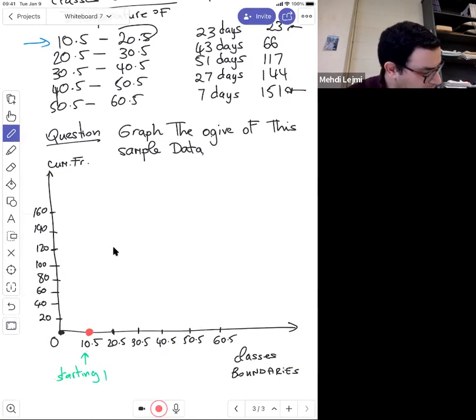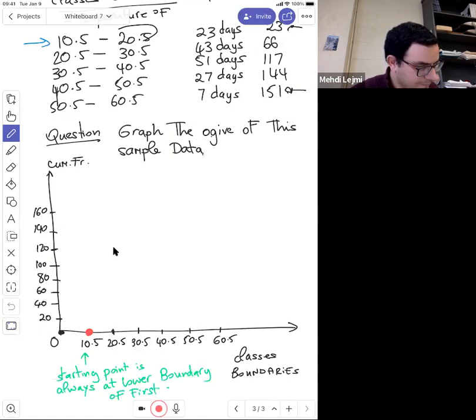The starting point is always on the horizontal axis, and it's going to be at the lower boundary of the first class. All right, so that's my starting point.